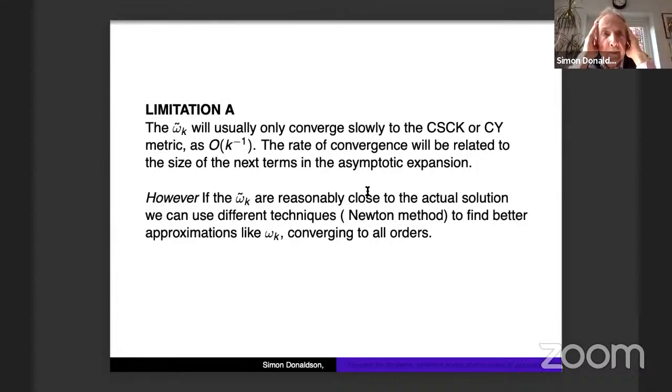In a moment, we're going to see some examples, if time allows. But let's talk about the drawbacks, the limitations of this approach, of which there are at least two.